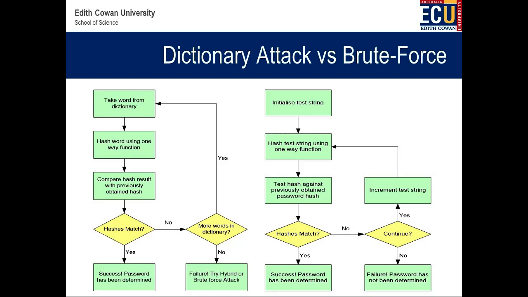If the hash matches, we are successful. If the hash does not match, we increment the test string. We will add AA, AB, AC, AD, and then some numbers, and then some special characters, and we'll try to find a password which matches the password in the hash file that we have obtained from the user computer.